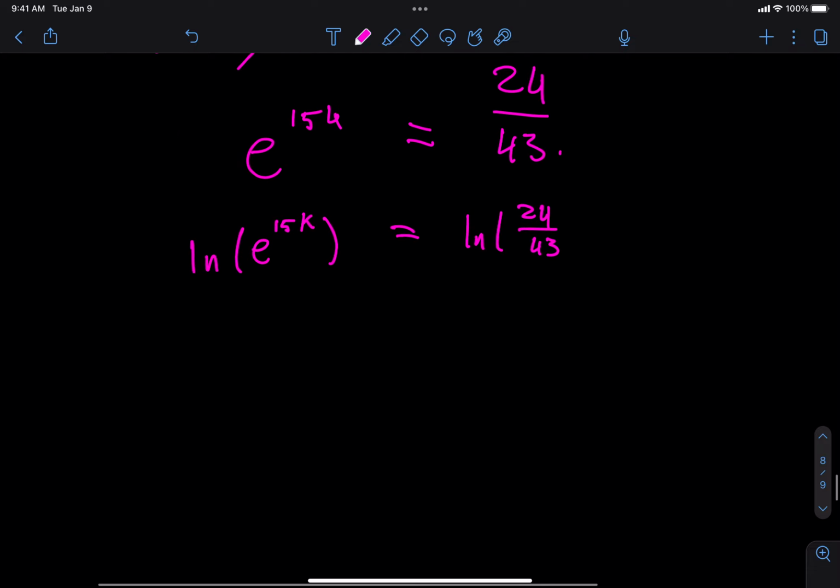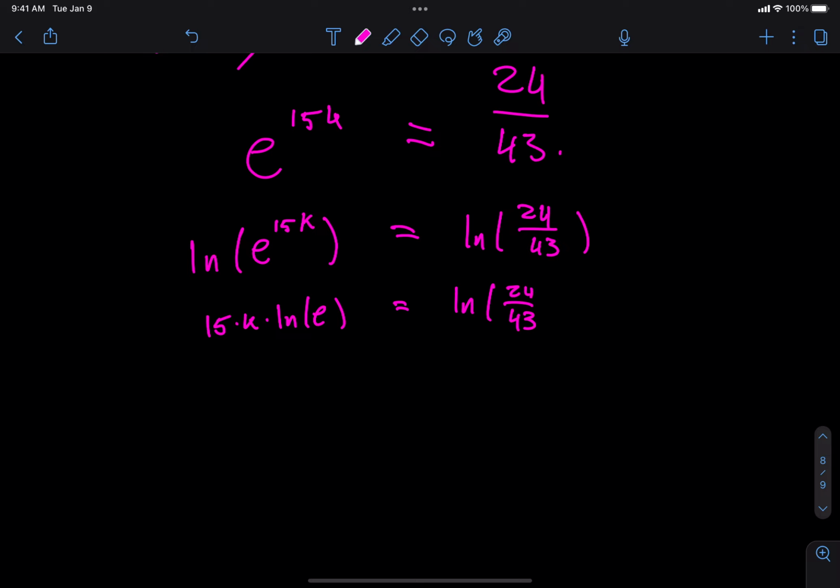And now what can I do? What happens on the left-hand side? Only there's an easy simplification that we can do now. What is this number? 1.